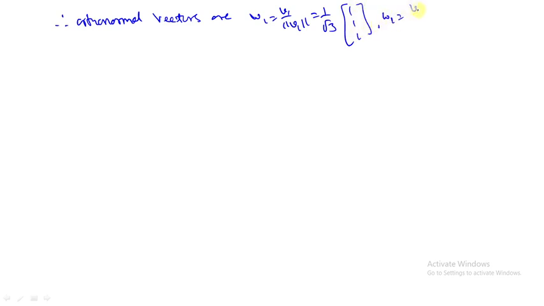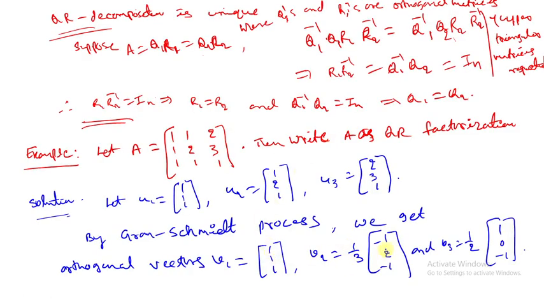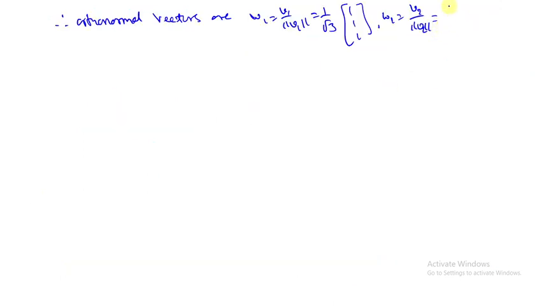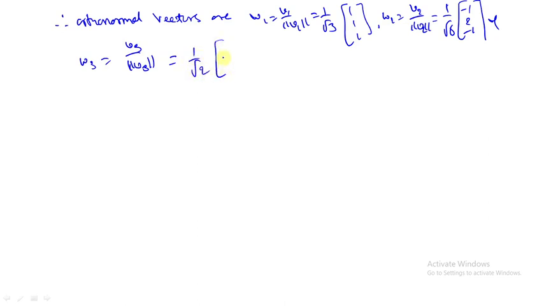W2 equal to V2 by norm V2, the length is root 6 (1 plus 4 plus 1), so 1 by root 6 into (minus 1, 2, minus 1). And W3 equal to V3 by norm V3 equal to 1 by root 2 into (1, 0, minus 1).